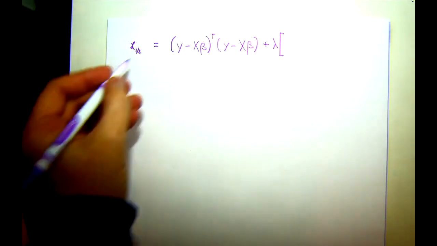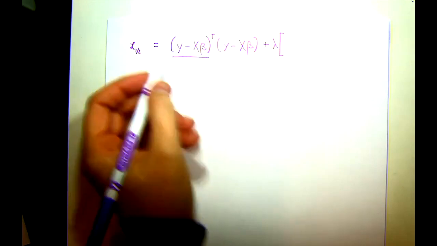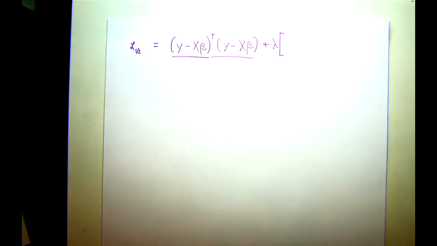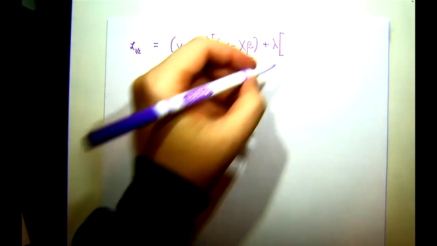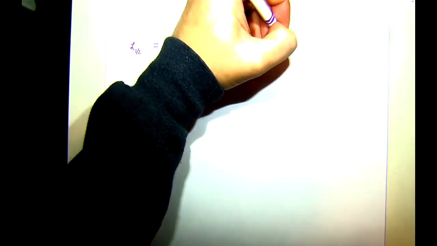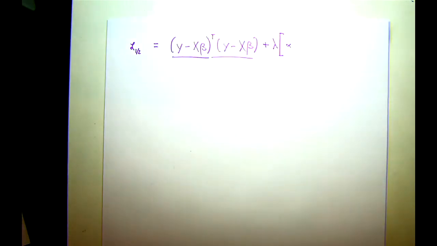So L1 and L2 is just the squared error that we write out all the time, the lambda, and now we're going to have to balance between the two types of regularization. We're going to have both L1 and L2.